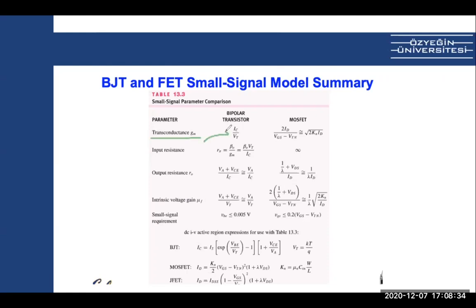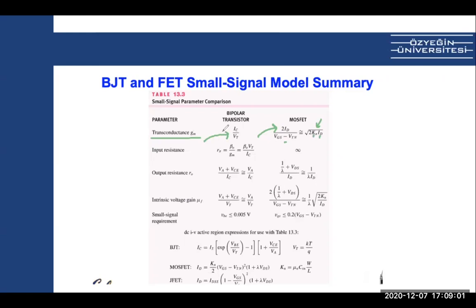For a bipolar transistor, it's IC over VT. For a MOSFET, it is 2 times drain current divided by overdrive voltage. Or you can write it another way, in terms of voltage and Kn.